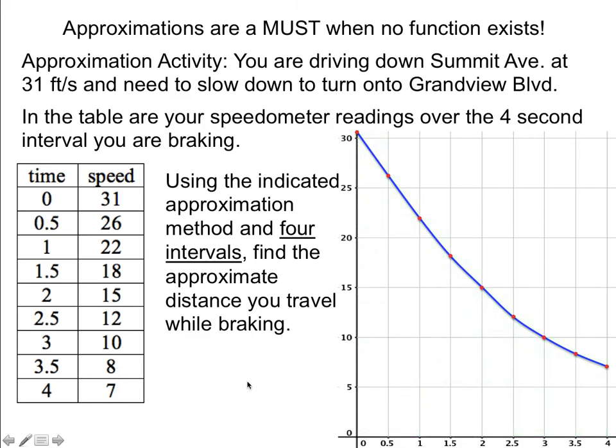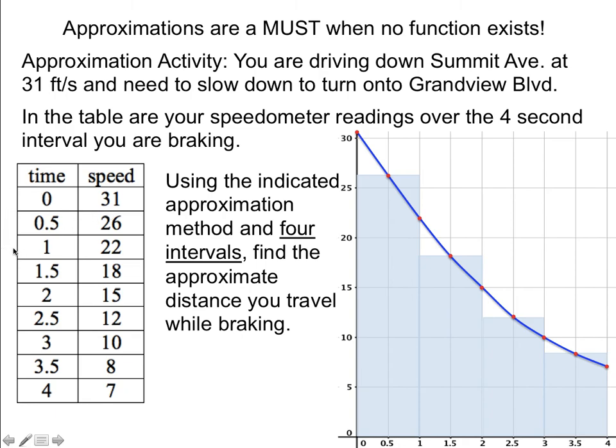If we're going to do a midpoint RAM, notice the difference here. If we're using an MRAM or a midpoint RAM, we don't use every point. We have to increase our interval size because we don't know what's happening between 0 and 0.5. So we couldn't take the middle of that and do 8 rectangles.